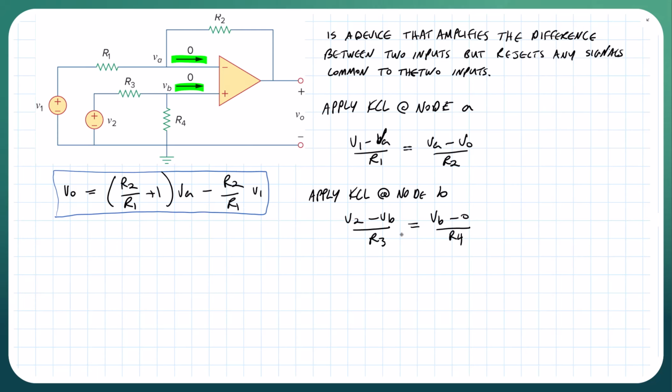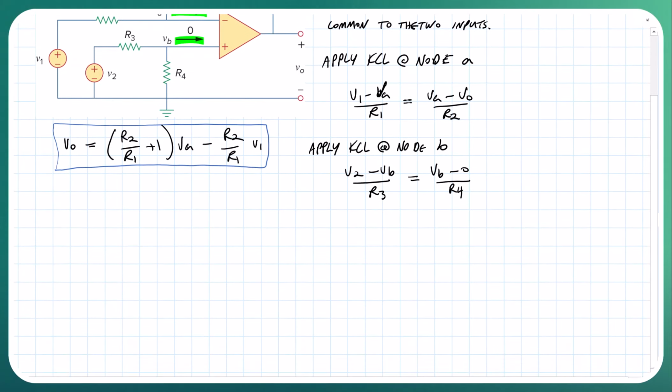And then we get VB equals R4 over R3 plus R4 times V2.